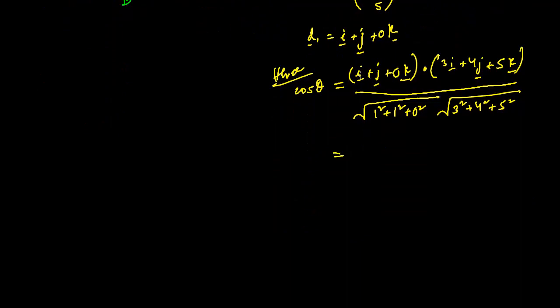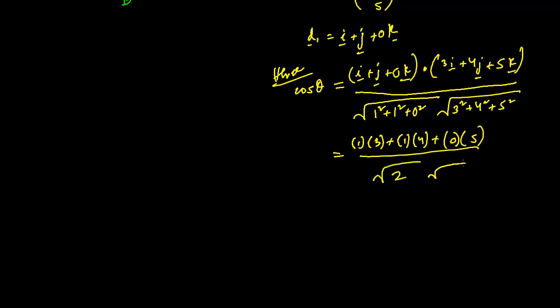And we have, if you multiply the coefficient of i with i, that would be 1 into 3 plus coefficient of j into the coefficient of j, that would be 1 into 4 plus coefficient of k is 0 here, coefficient of k is 5 over here, divided by square root of 1 square plus 1 square is 2, square root of 3 square is 9, 9 plus 16 is 25, 25 plus 5 square is 25, that is 50. So that means 3 plus 4 is 7, this is 7. Square root of 2 into square root of 50 is square root of 100, that means 7 by 10.